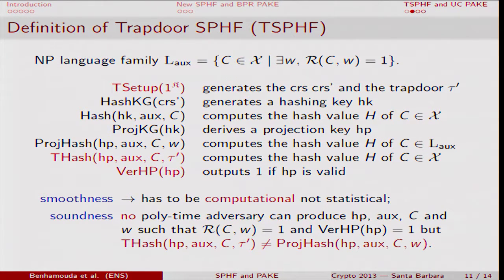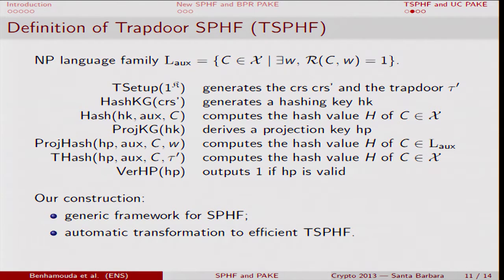And we also need to have another property called soundness, which says that computing the hash value using the trapdoor tprime gives the same result as computing the hash value using the ProjHash algorithm, as soon as the projection key is valid. So now, how to construct efficient TSPHF.